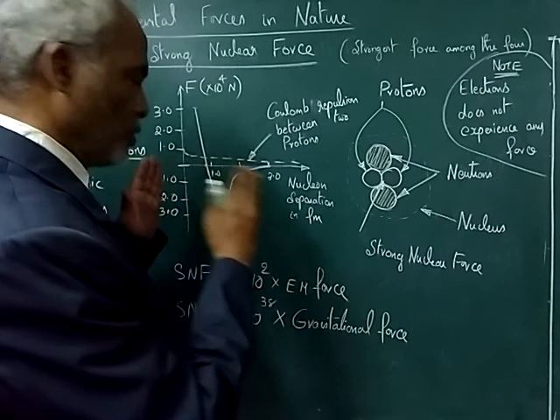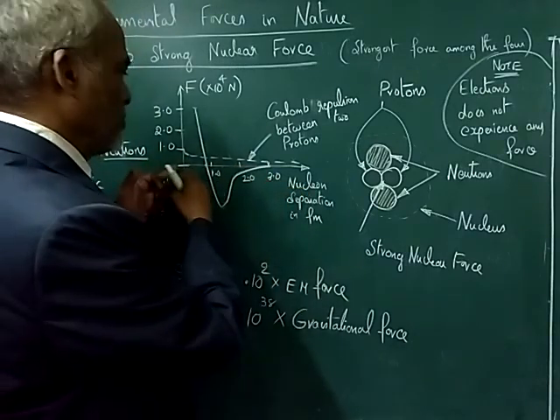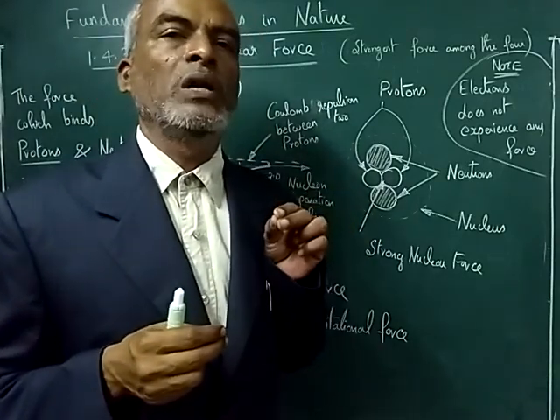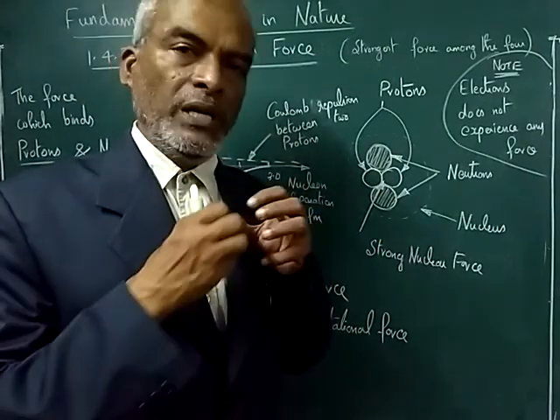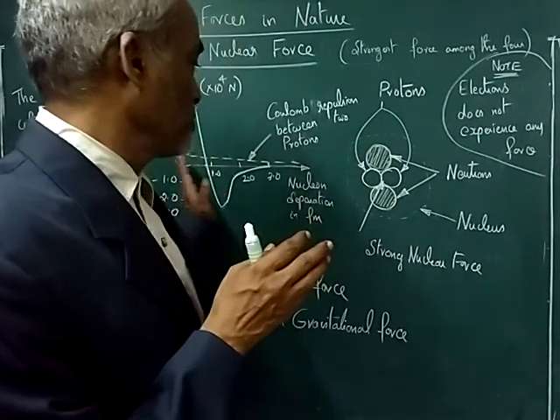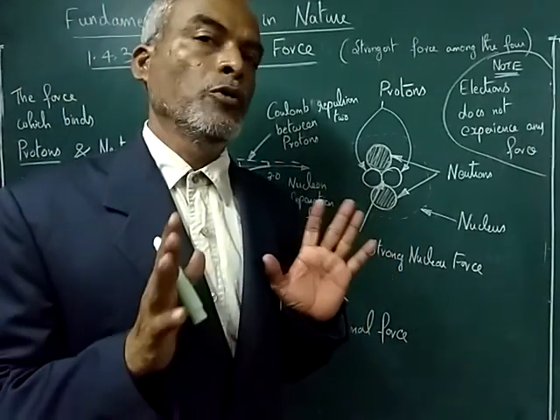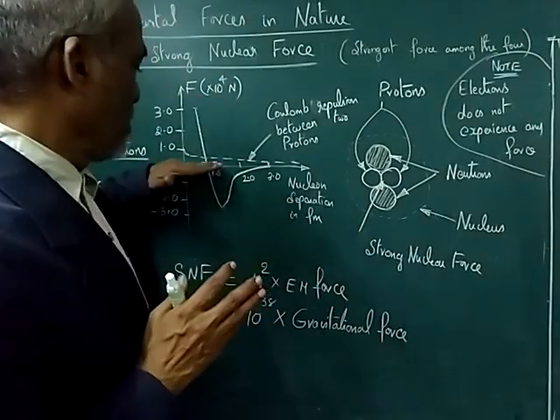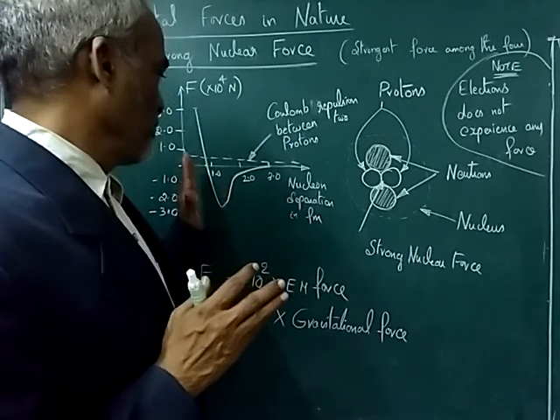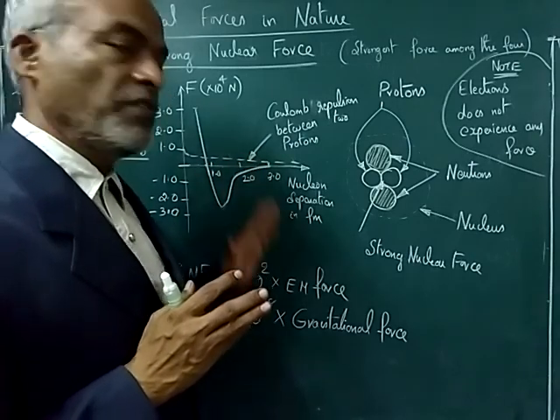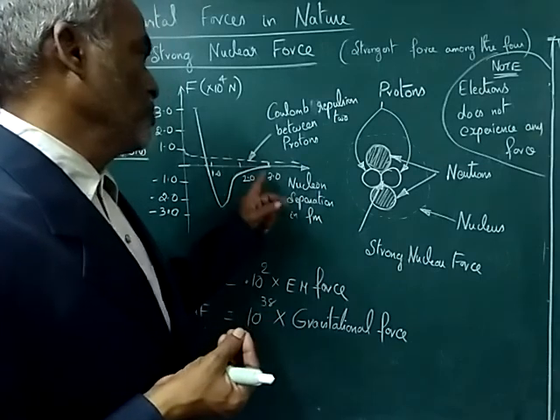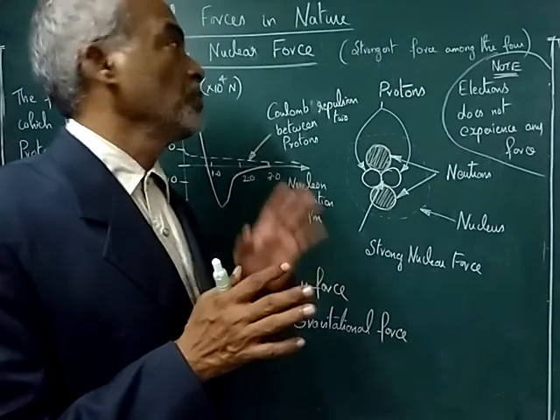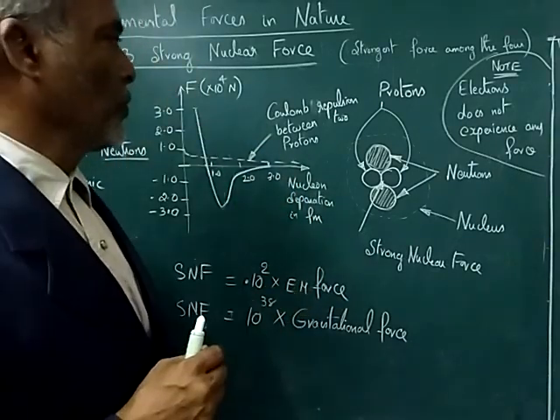Put together, if you consider the range from 0 to 3, 3 femtometer is a very, very small distance between the nucleons, and everything happens within it. You can see attractive force, repulsive force, and when the distance reaches 3 femtometer, it goes to 0. So the distance between two nucleons is very small when we deal with the strong nuclear force.